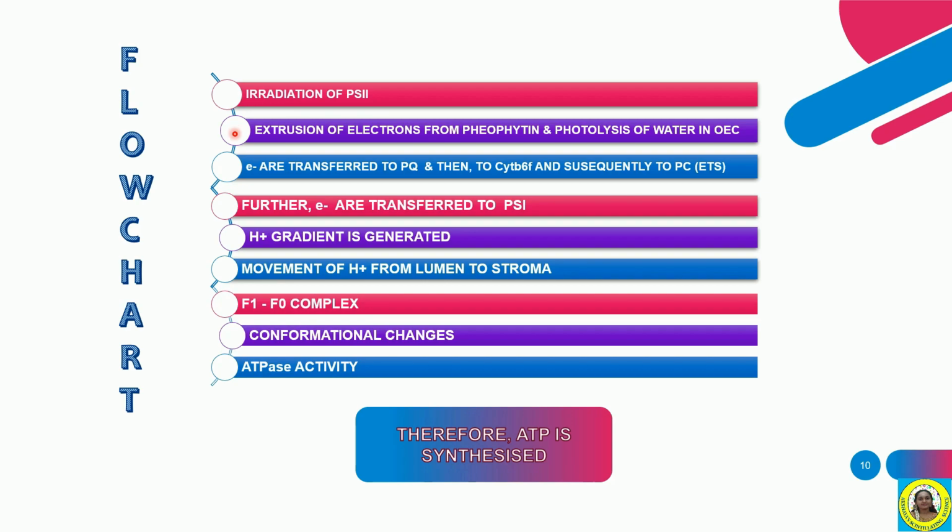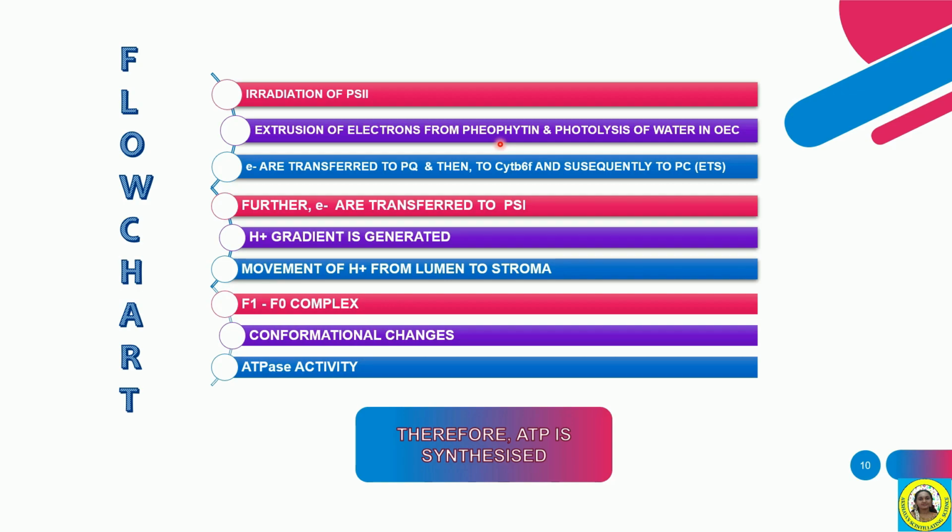As the electrons are extruded from pheophytin, a vacancy is created in PS2, and the electrons which have been passed into the ETS have to be compensated by the electrons released as the products of photolysis.